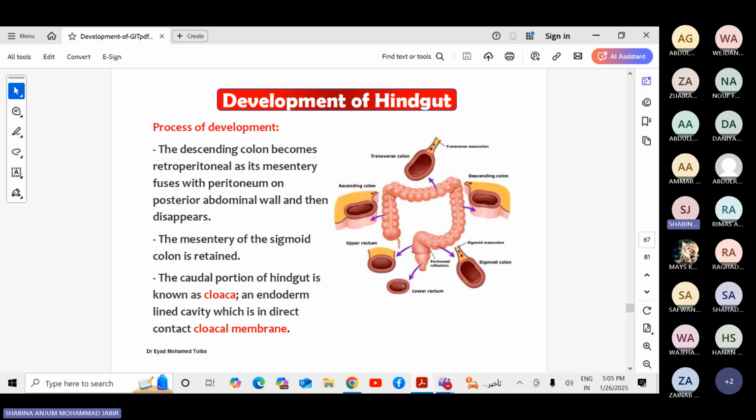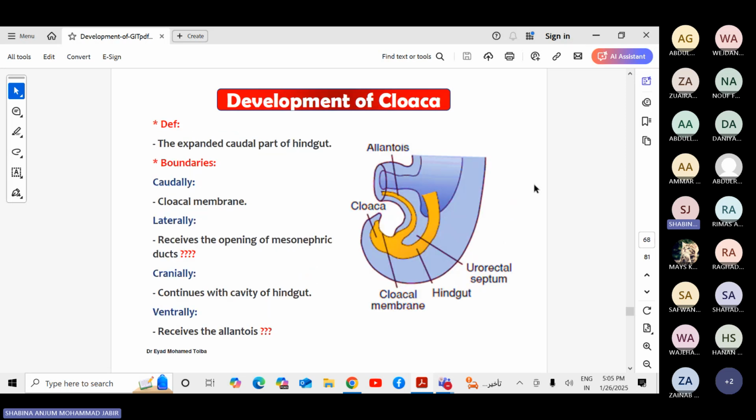So this is our hindgut, right? In the hindgut, the caudal part will expand to form the cloaca. Let's divide the hindgut into the upper or cranial part and the caudal part.